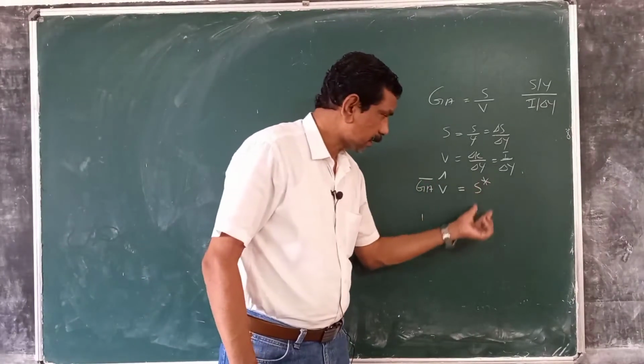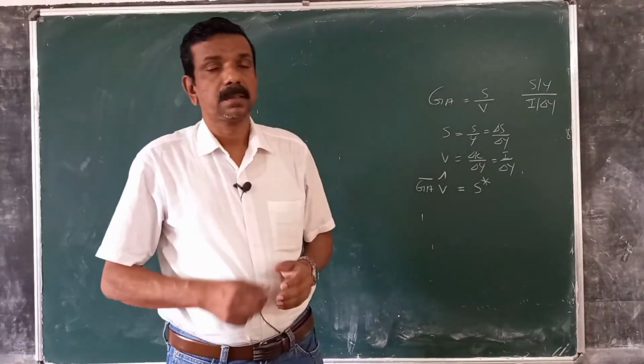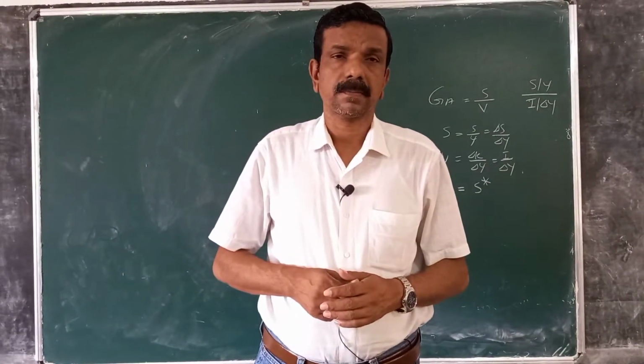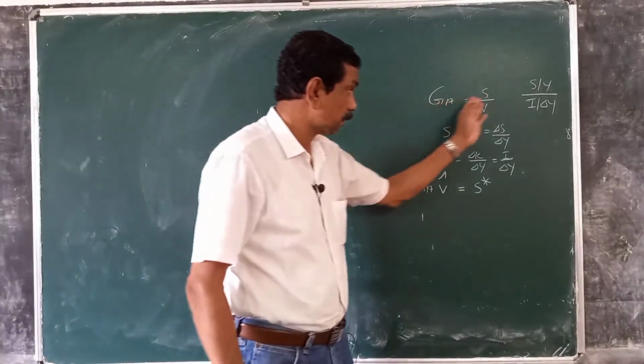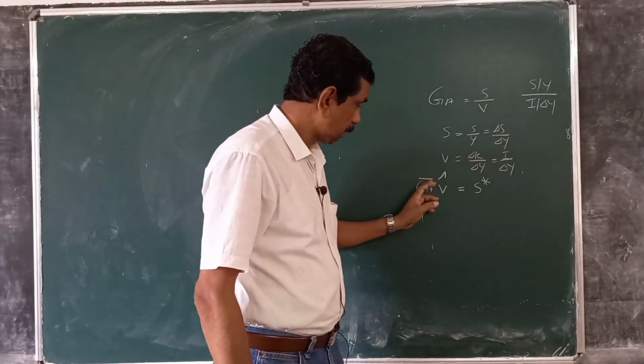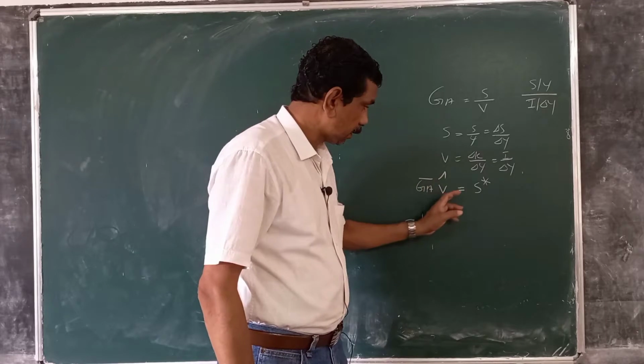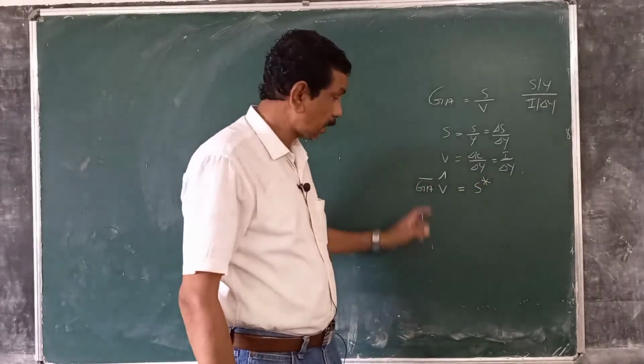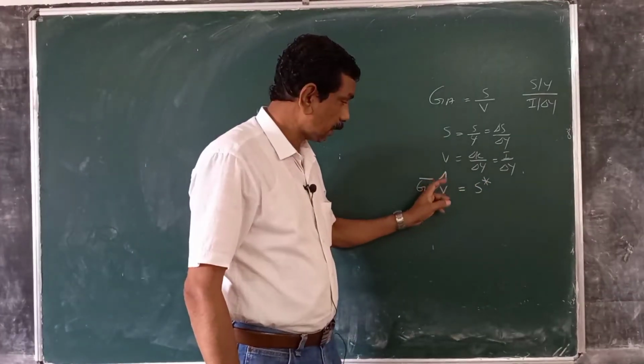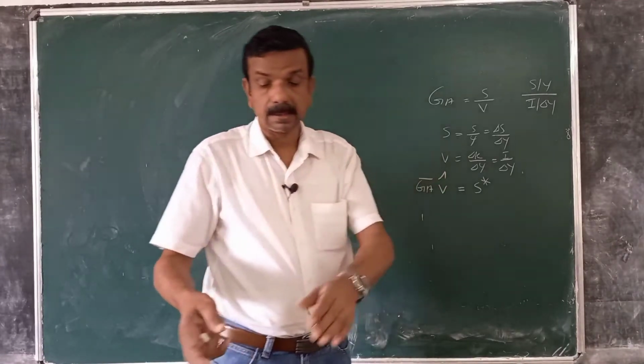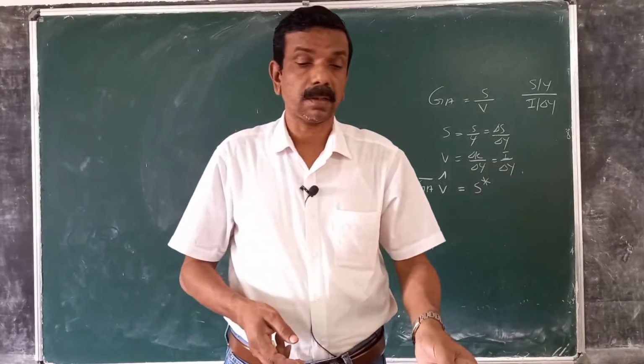And what is S star? The required investment rate. So for planning purposes, this equation is written as GA bar into V hat is equal to S star: targeted growth rate, required capital output ratio, and required saving or investment ratio.